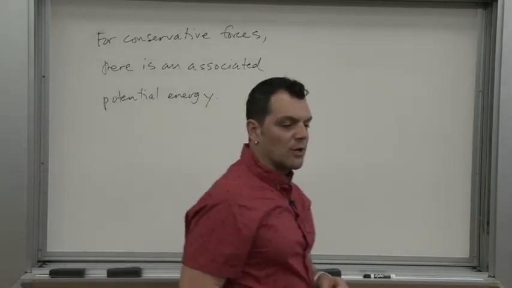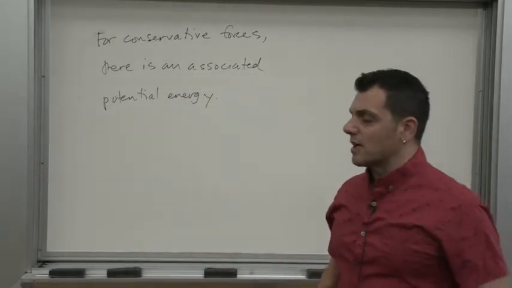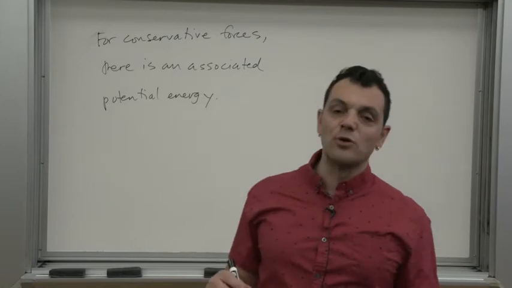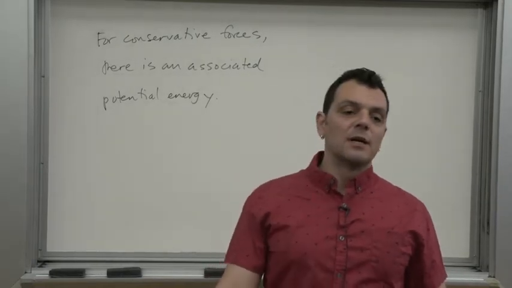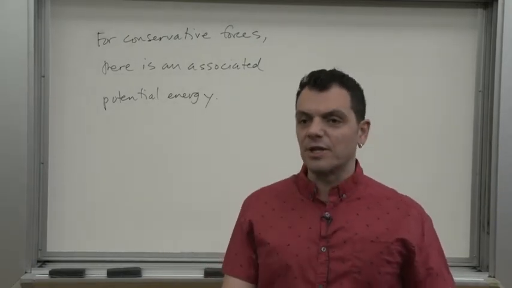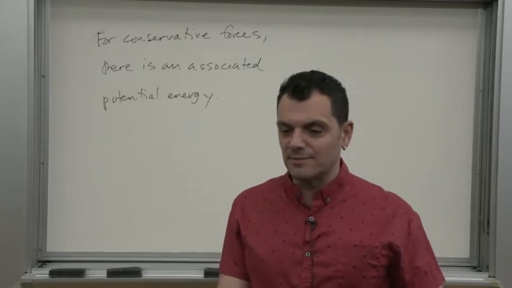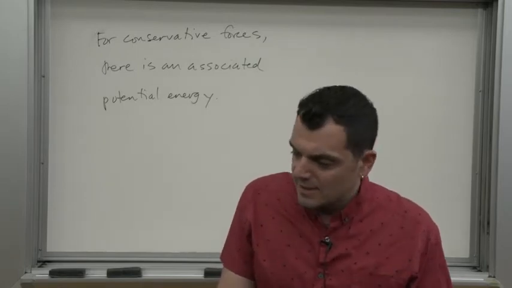So that means we can talk about gravitational potential energy, we can talk about spring potential energy, but we can't talk about normal force potential energy or tension potential energy or frictional potential energy. They simply do not make any sense.